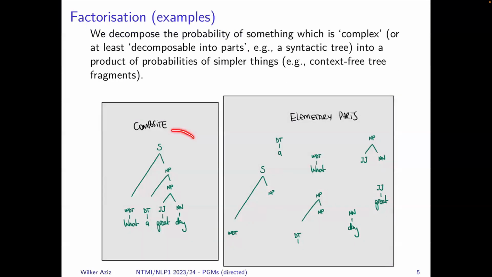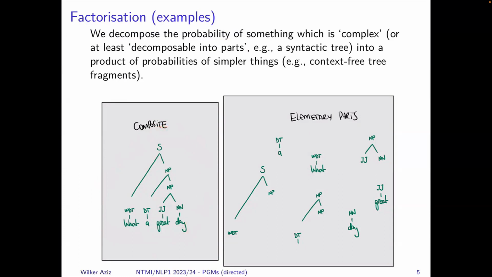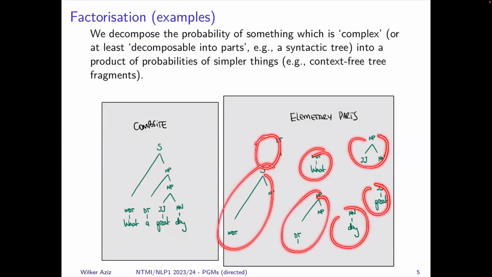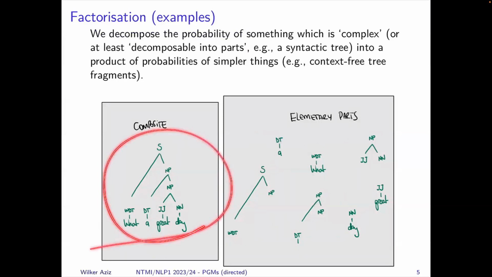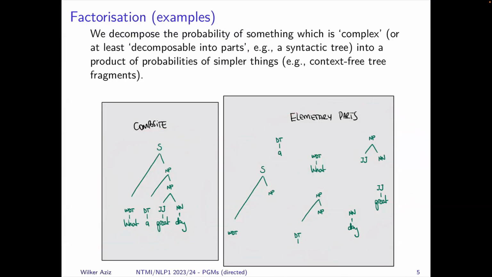So for example, here I have a syntactic tree, and I'm going to treat the tree as a composite object, and it's made of context-free tree fragments. And I can express the probability of the composite thing as a product of probabilities for the elementary parts. And you see that these elementary parts can probably be recomposed differently to make another composite object.